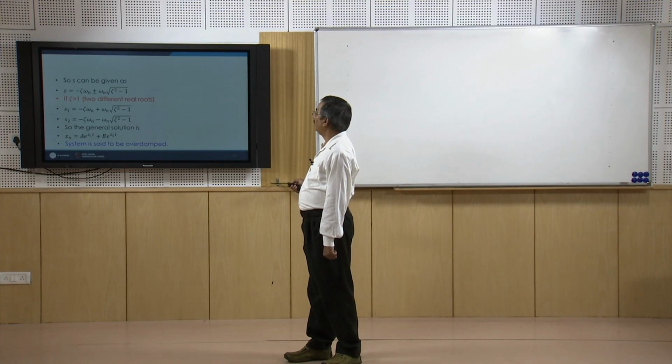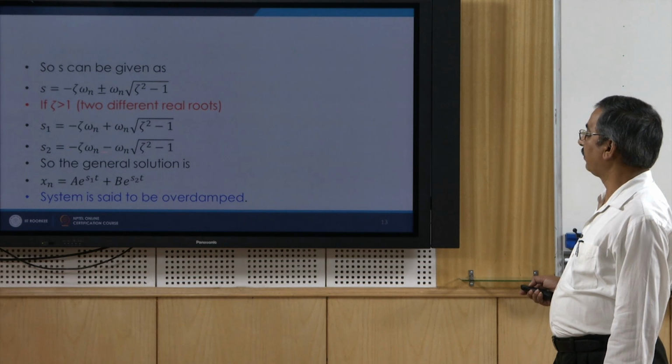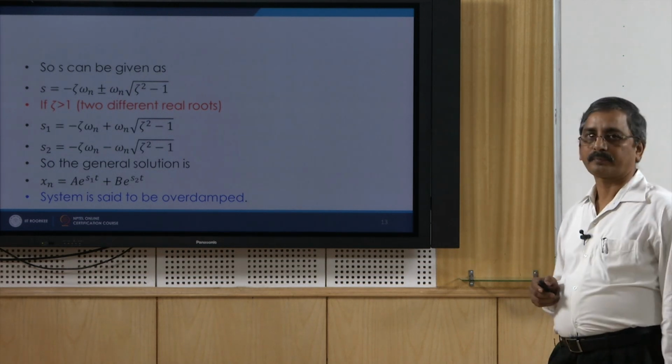So, we are going to have two different real roots, and I can write those real roots as S1 and S2, minus zeta omega n plus or minus omega n under root zeta square minus 1. One value will be positive here and the other value will be negative here. Okay.